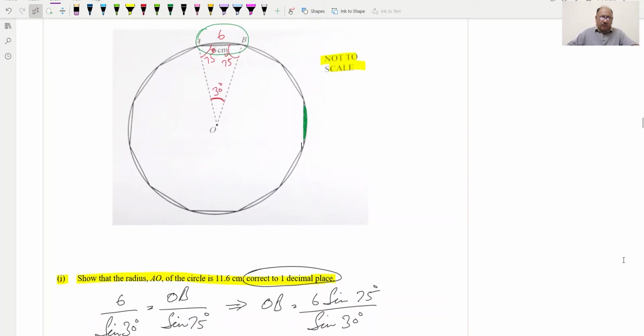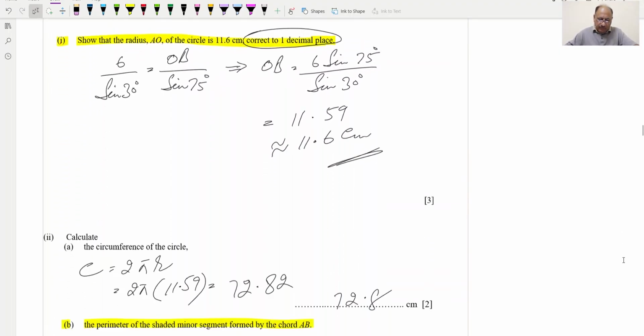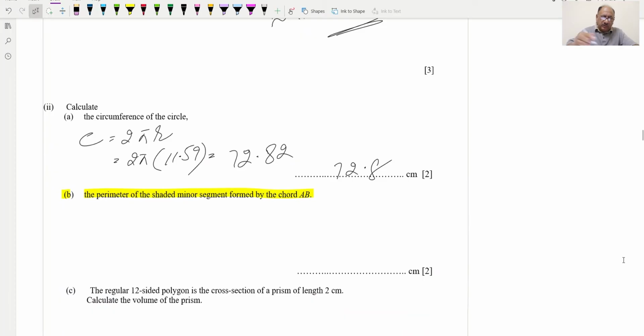So what we will do, we will find the length of the arc. Basically that arc length L will be equal to theta over 360 into 2 pi r, and theta is 30 degrees, so 30 over 360 into 2 pi, and r value is 11.59 I'm taking.